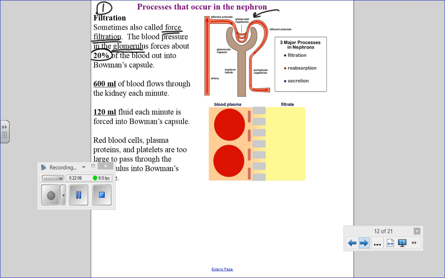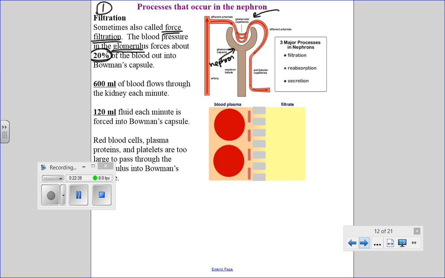Approximately 20% of your blood goes through that filter and ends up inside Bowman's capsule, which is the very first piece of your nephron. So if I look at this, that is where my nephron starts, Bowman's capsule. The things that are coming into it are all blood vessels, and they're part of the process, but the actual nephron starts with that piece.